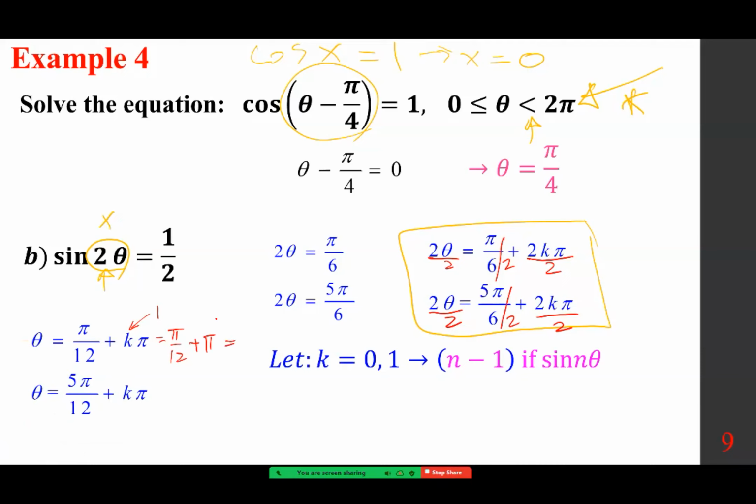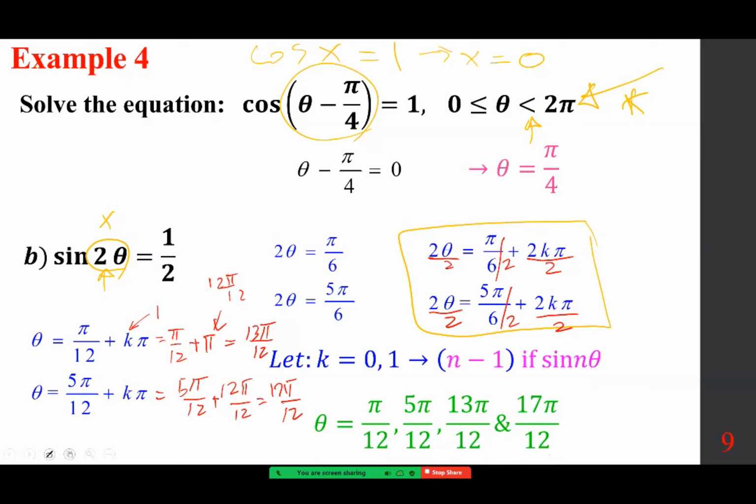As you know, I can say this is 12 pi over 12. That's the answer. And if I do the same thing here, I get 5 pi over 12 plus pi. Pi is 12 pi over 12. And that gives me 17 pi over 12.